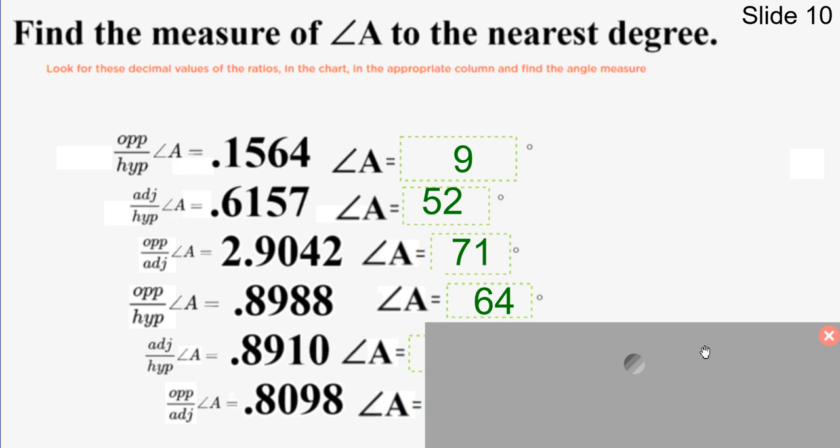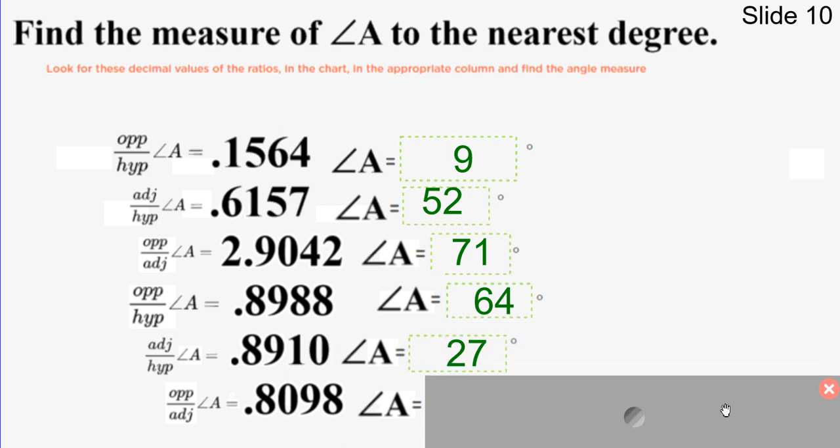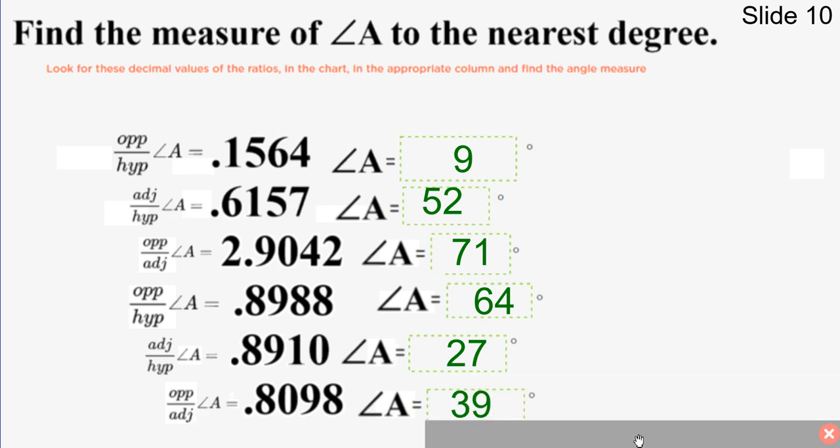That's 64 degrees. What we're doing here is similar to what we're doing with the slider. Instead of having to adjust it, we're just looking in the table to see where our match is. Our next one, adjacent over hypotenuse for our ratio of 0.8910, gave us a measurement of 27 degrees. And opposite over adjacent with the ratio 0.8098 gave us a measurement of 39 degrees.